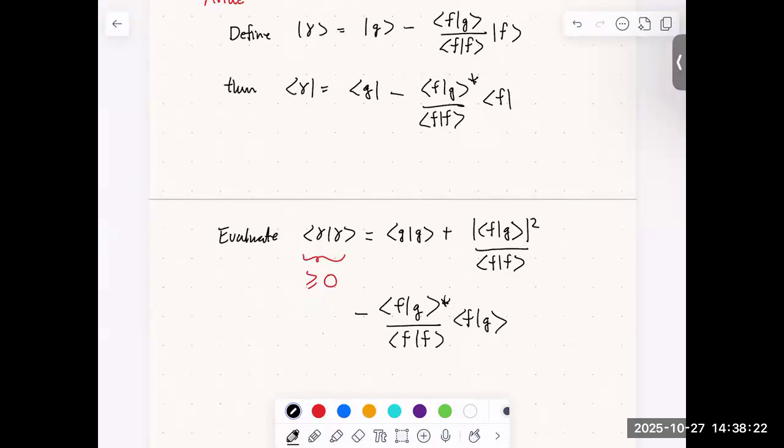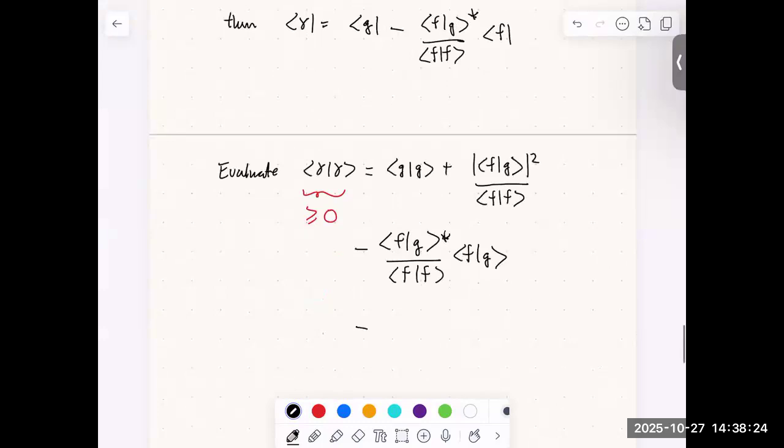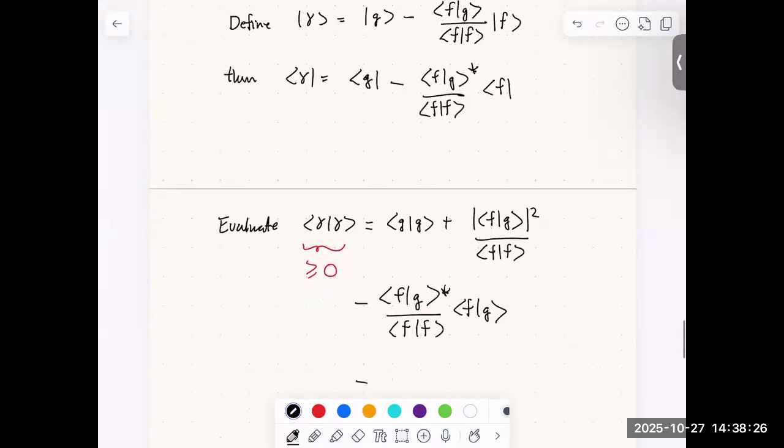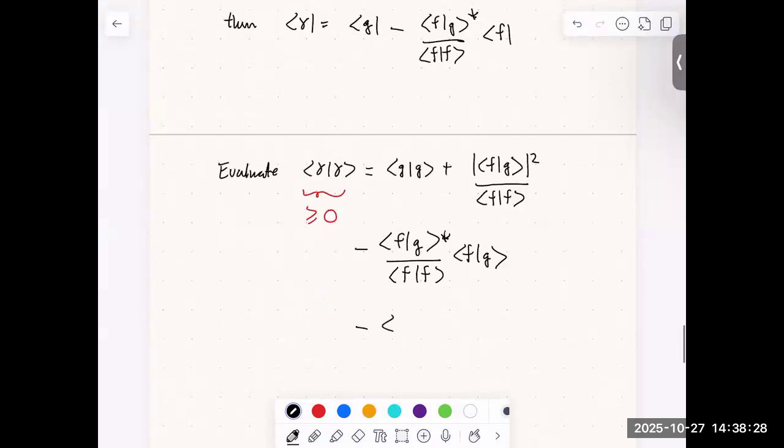Okay, and then we're going to get minus, what's the other one? Sorry, it's the wrong one.